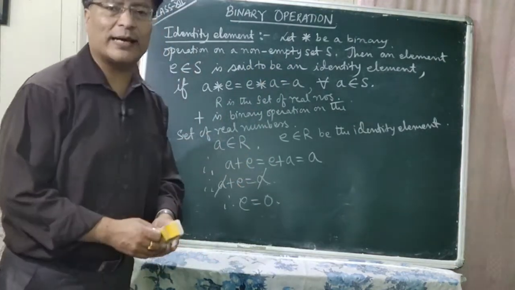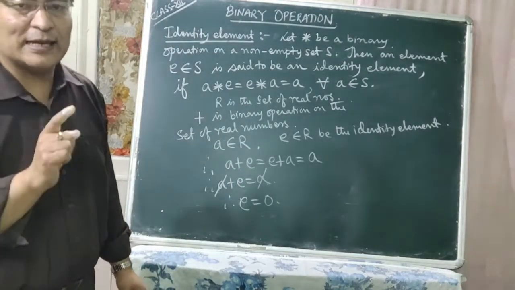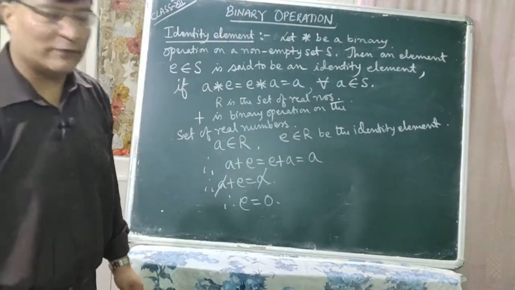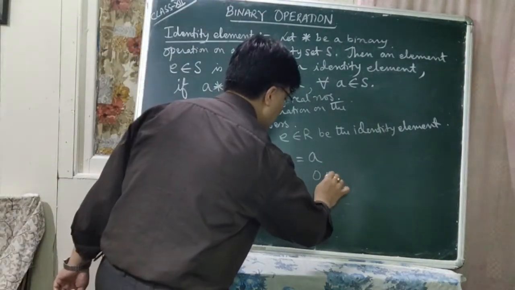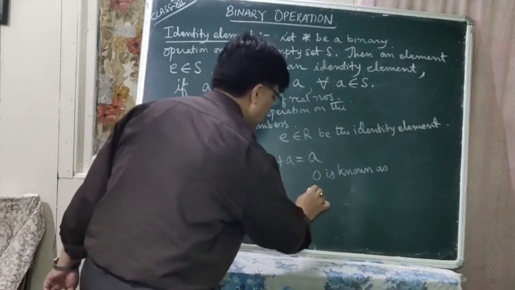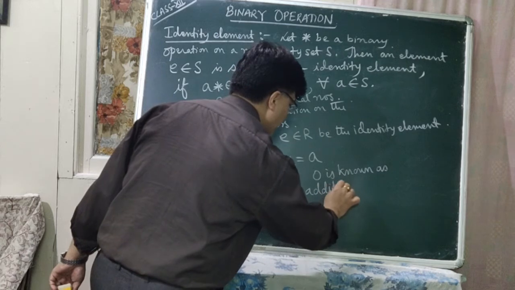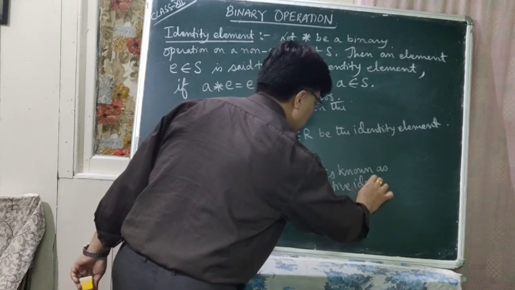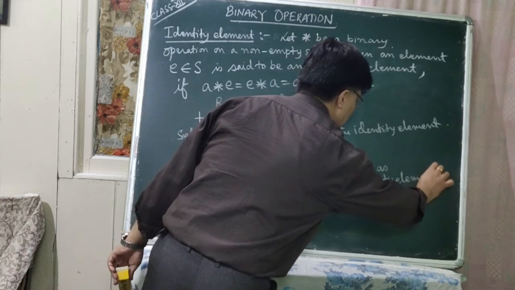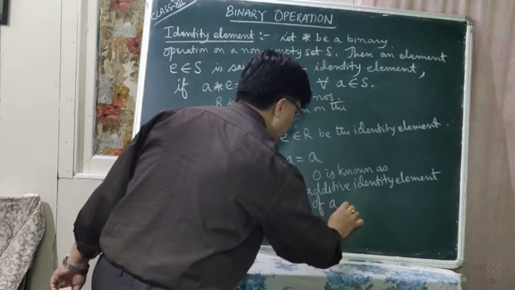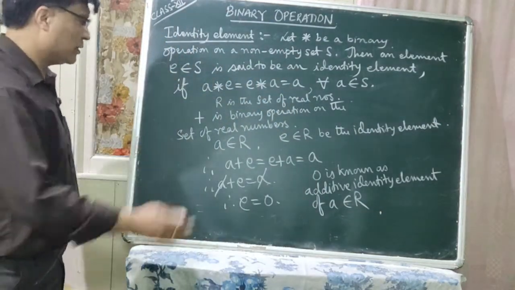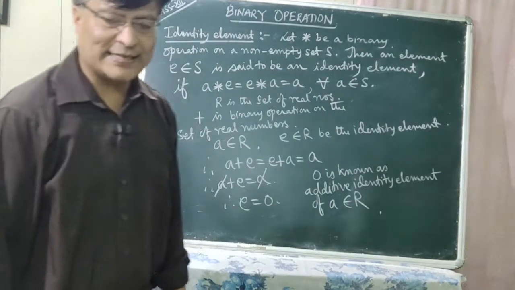This 0 is known as the additive identity element of A that belongs to the set of real numbers. So this is an example of identity element.